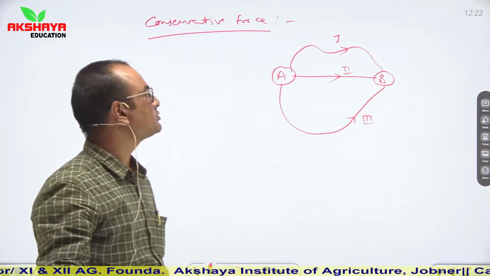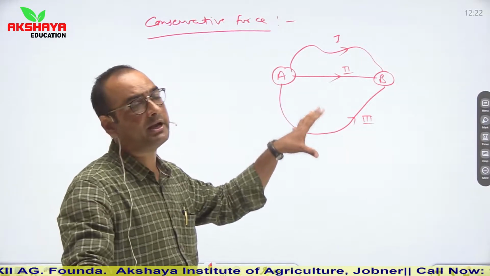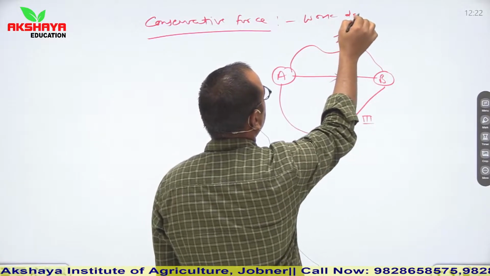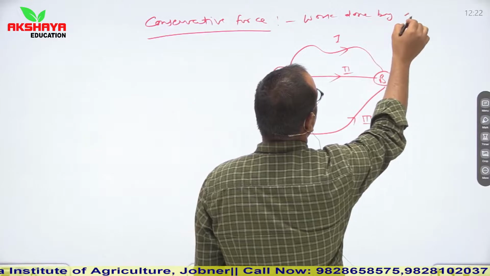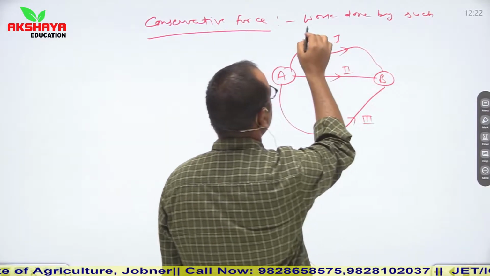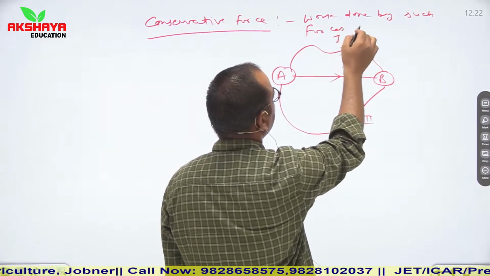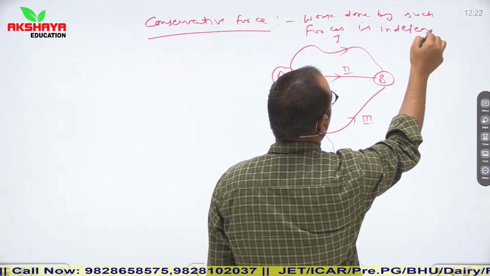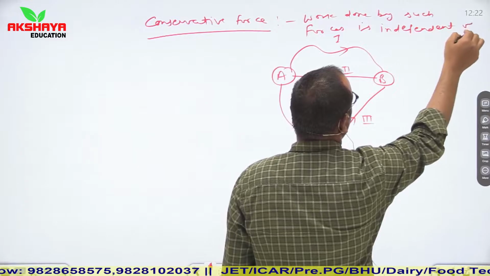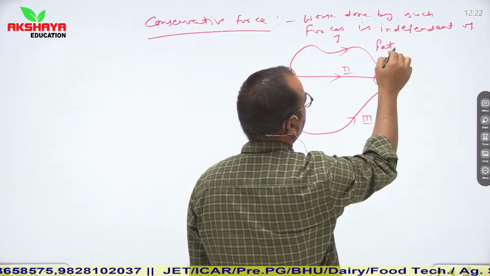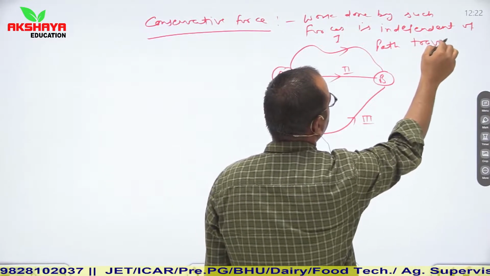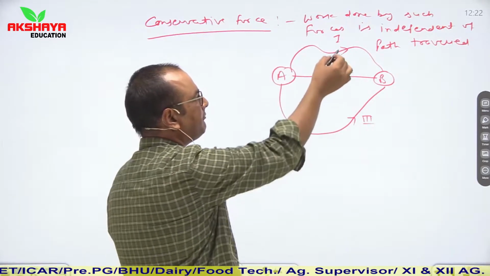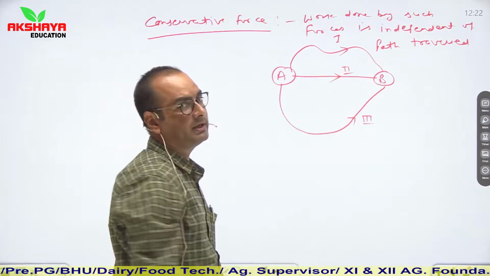So work done by these conservative forces is independent of the path traveled. Now see, we can say that work done by path 1, 2 and 3 is similar.